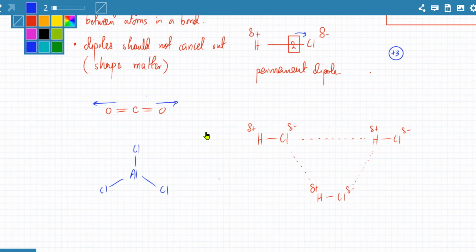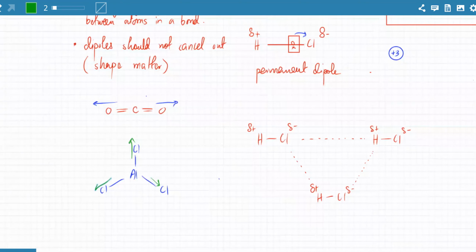But it's like a fan, and all the Cls are pointing in opposite directions, right? So again, Cl would be trying to pull electrons, but the electrons will remain equally distributed. They're going to get cancelled out. You can imagine a bunch of electrons over here, and one is trying to pull in that direction, another in this direction, another in this direction. So where would the electrons end up? They're not going to go anywhere. So is this clear?